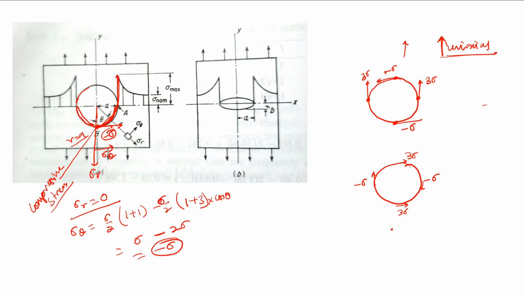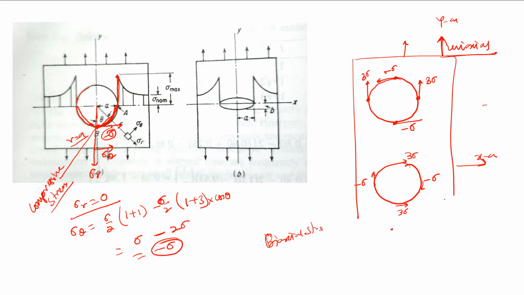This is unidirectional, where suppose this is the y axis and this is the x axis. For the case of biaxial stress, these two figures will be added. So basically here it will be something like this. In all cases here it will be 2 sigma.